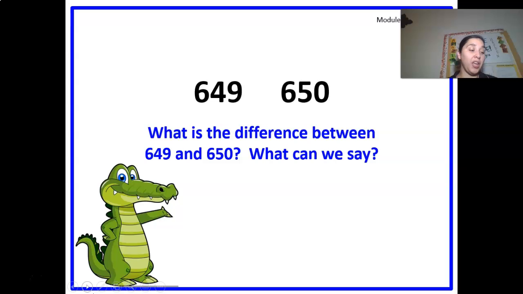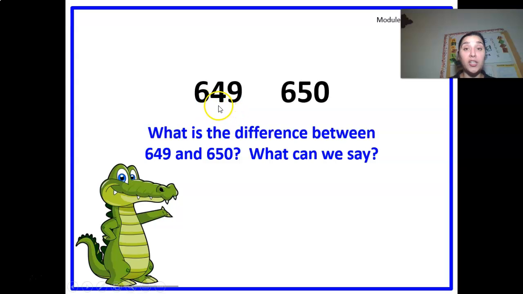So I want you to tell me, what is the difference between 649 and 650? Let's think about that. What's the difference between them? Get ready. Yes, the difference is a 10.